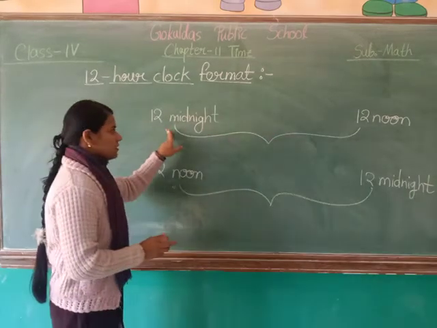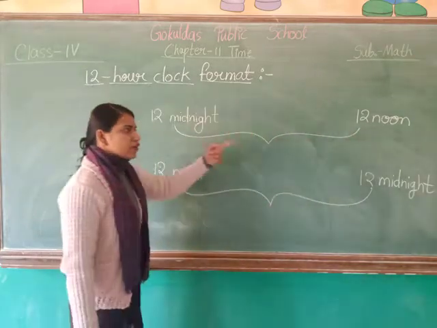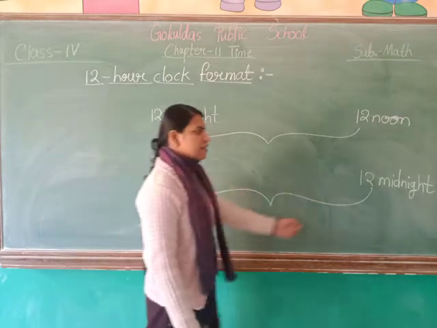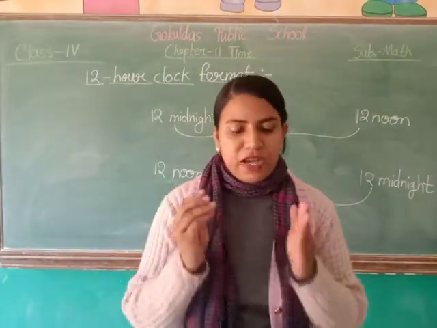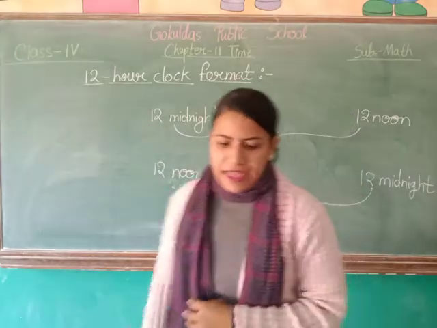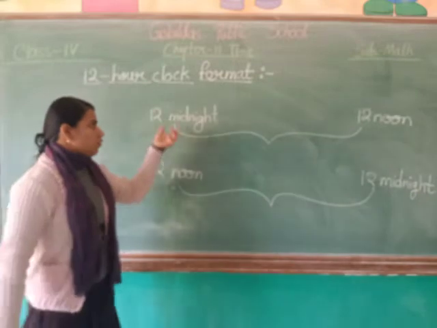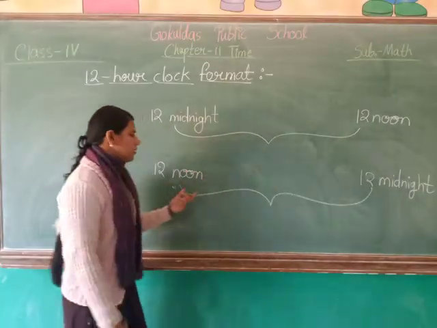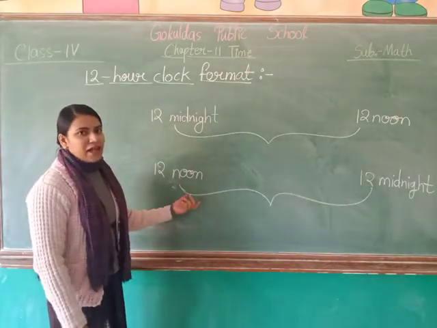The first time zone starts from 12 midnight to 12 noon, and then after 12 noon the second time zone starts, which ends at 12 midnight. The first 12 hours of the day are represented by AM, and the next 12 hours are represented by PM.